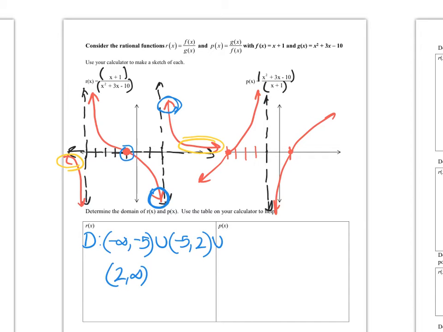But if you hit the trace button at negative 5 or positive 2, it's going to tell you there's an error because there is no output there. And then for our p of x, the only break in the domain is at x equals negative 1. That's where we have that vertical asymptote right here. So it'll be negative infinity to negative 1, union negative 1 to positive infinity.